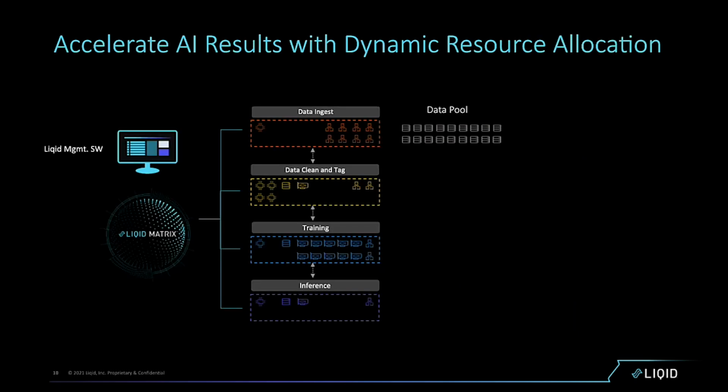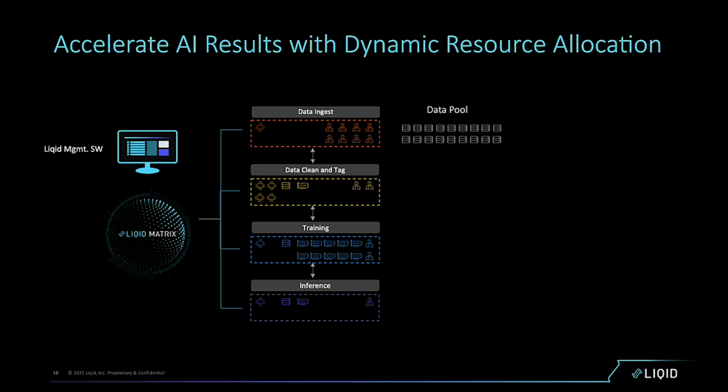The next example I want to show you is around AI. I talked about these new software innovations that are changing the world. AI is at the top of the list. We can help compose servers that meet exact requirements for every stage of the workflow, from data ingest to inference. One of the big challenges with AI is that you're dealing with a lot of data, right? Petabytes of data, and if you wanted to move that data over the network, that's very slow. I don't care what network you have, that's a very slow process.